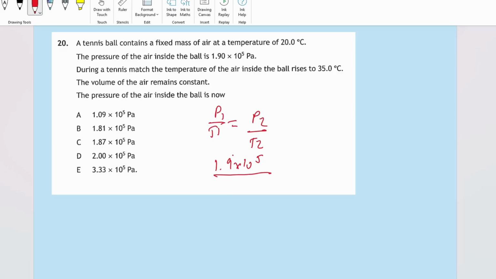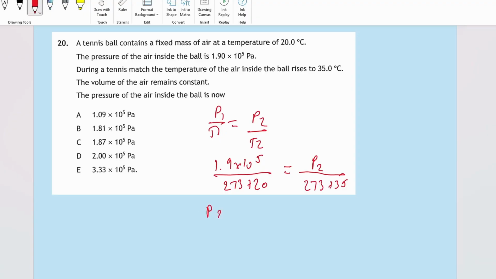Now be careful, when you're doing these questions about gas laws, temperature should always be in Kelvin. So we do 273 plus 20 to convert to Kelvin. P2 is the thing we're working out, and T2 is 273 plus 35.